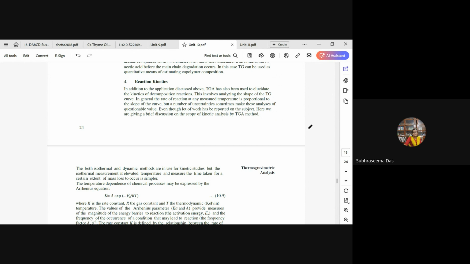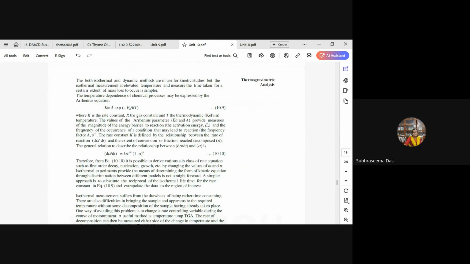But since there are various uncertainties, this analysis is sometimes difficult. Both isothermal and dynamic methods have been used in kinetic studies. But the isothermal method at elevated temperature has been used because it is much simpler in nature.